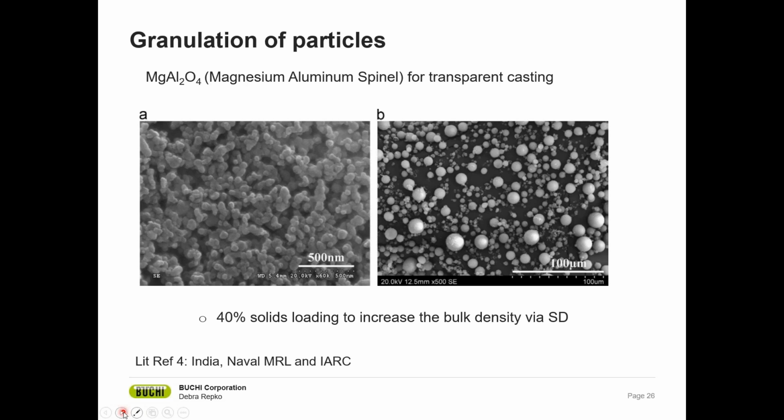Very high loading, up to 40%, and essentially what they wanted to do was increase the bulk density and make these particles larger so that when they were casted, they basically came together and made a nice transparent film. So we went from, I think it said, 200 nanometer particles and really made them much larger and therefore easier to manipulate and make a nice film. This was an example from India.